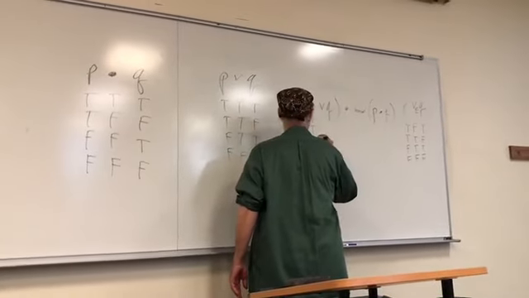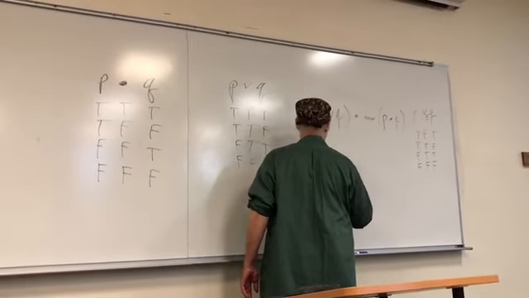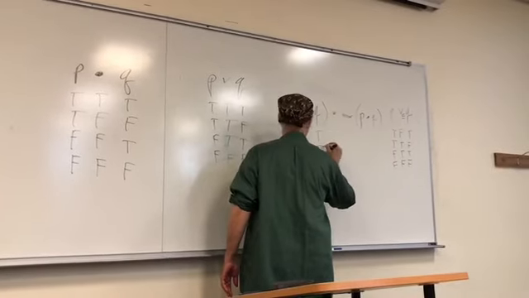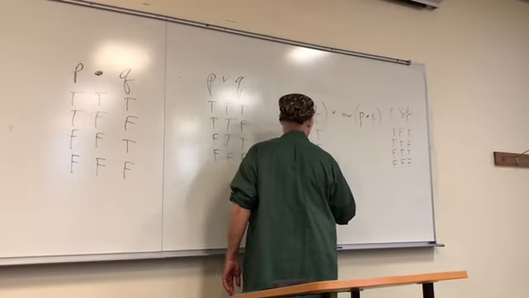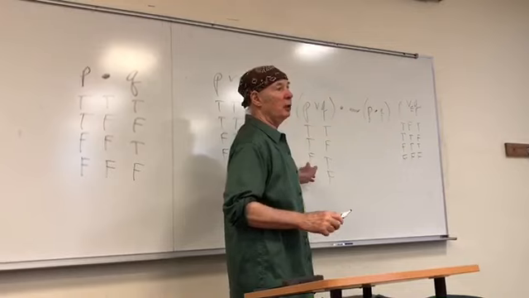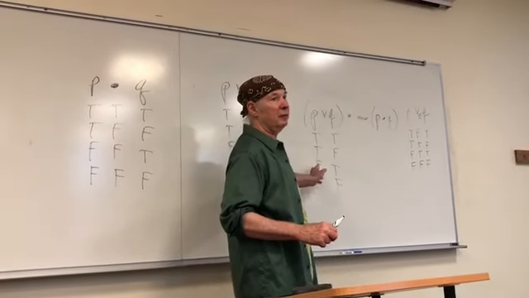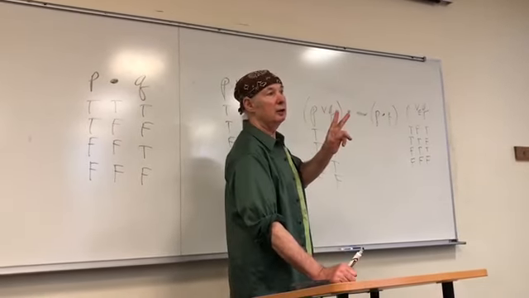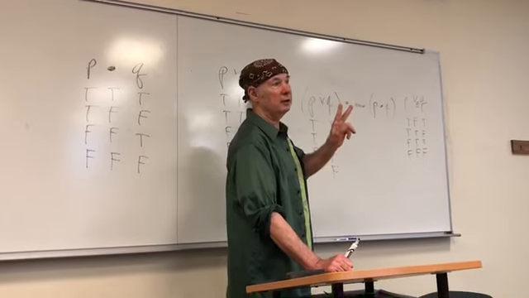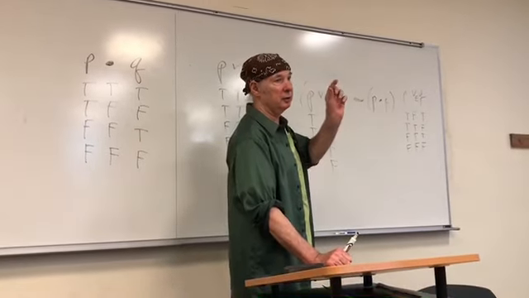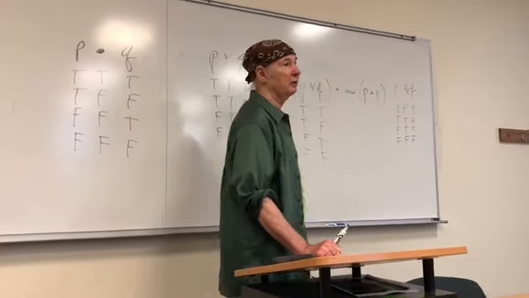So that'll be T, T, F, F, T, F, T, F. And that represents the 4 distinct possibilities for the truth values 2 different variables can have given 2 different truth values.